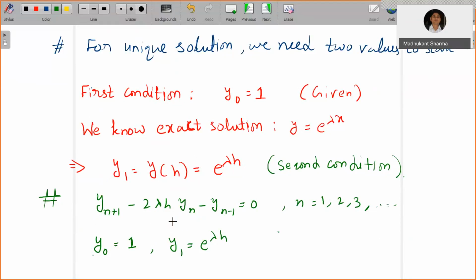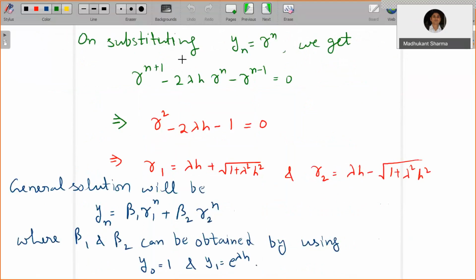Now we substitute y_n equals r to the power n in the difference equation. Recall the equation: y_{n+1} - 2h lambda y_n - y_{n-1} = 0.